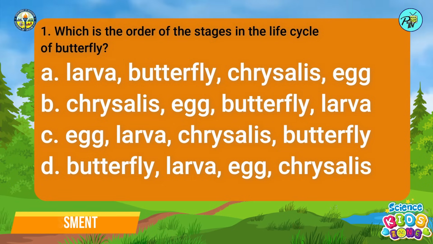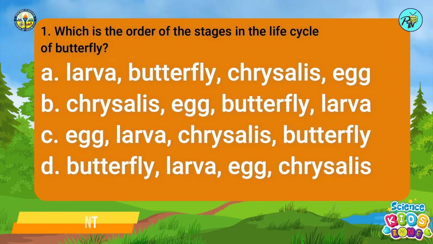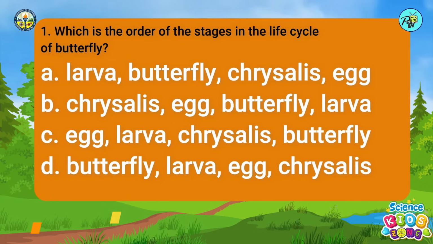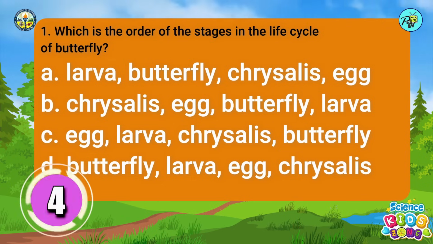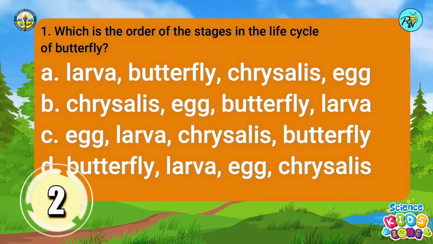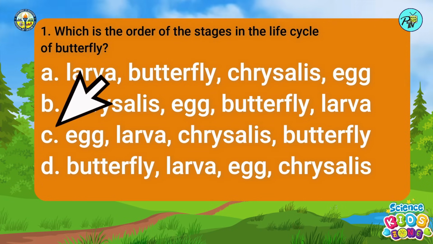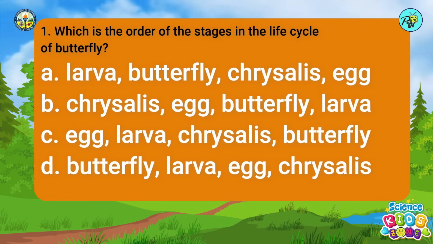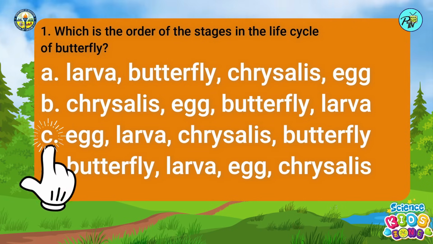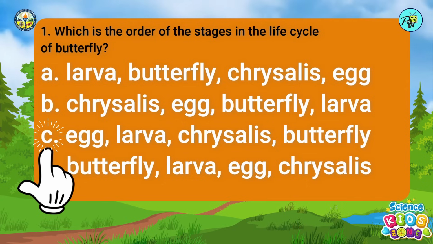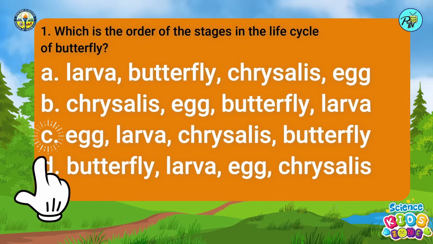And D. Butterfly, larva, egg, chrysalis. What is your answer, kids? The correct answer is letter C. Egg, larva, chrysalis, and butterfly.